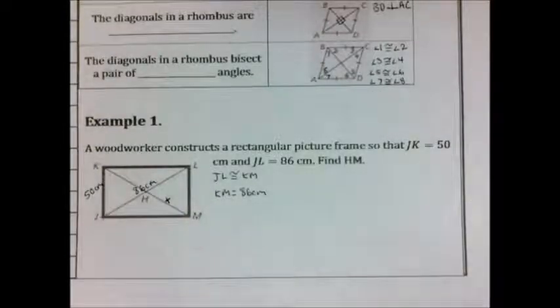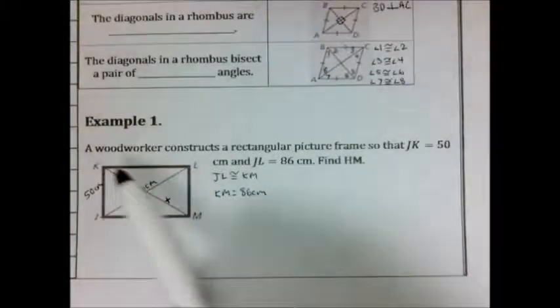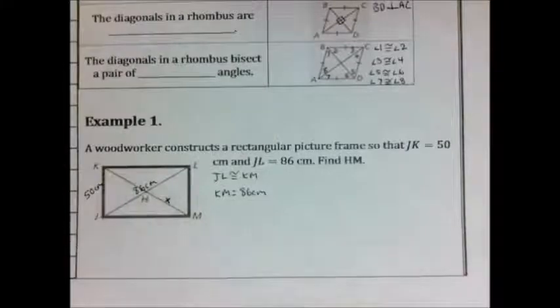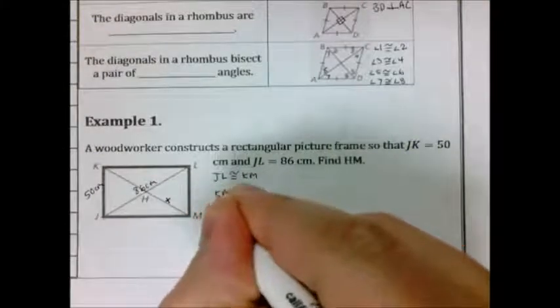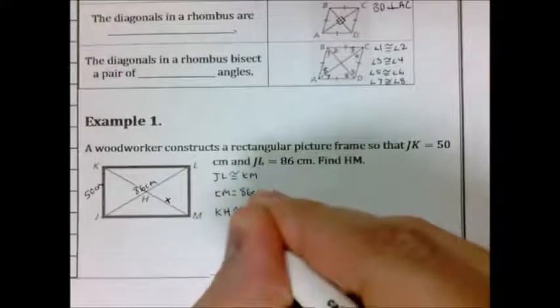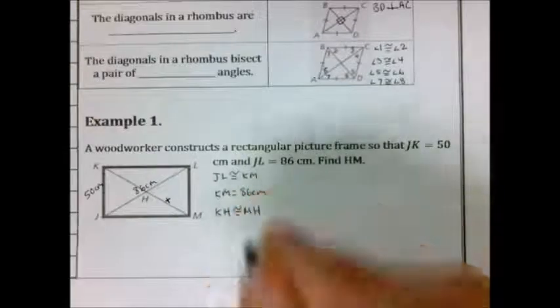Now we know something very specific about parallelograms too, is that their diagonals are going to bisect each other, which means that KH has to be congruent to MH, right? They have to be congruent. So KH has to be congruent to MH.